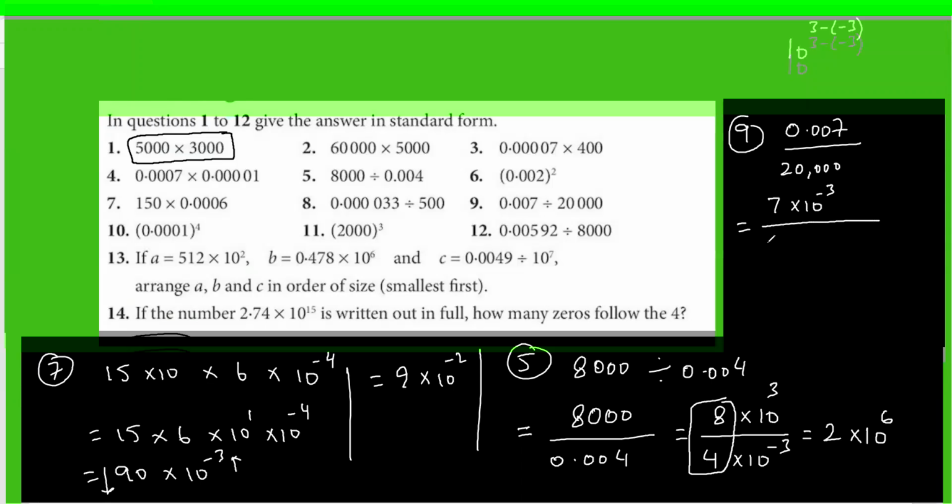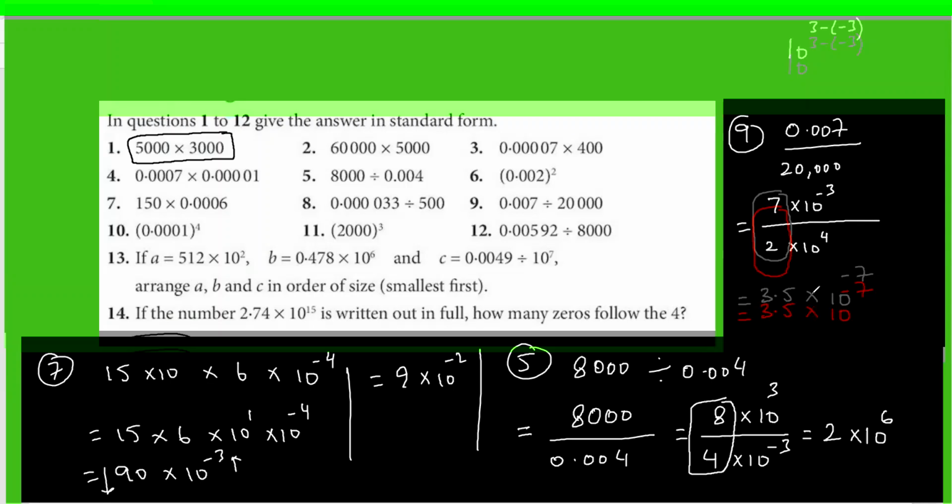And this 20,000 is 2 into 10 raised to power 4. Now tell me, what is this 7 over 2? That is 3.5. And this is going to be 3.5 into 10 raised to power minus 7. The powers are subtracted. So that is how you're going to divide them.